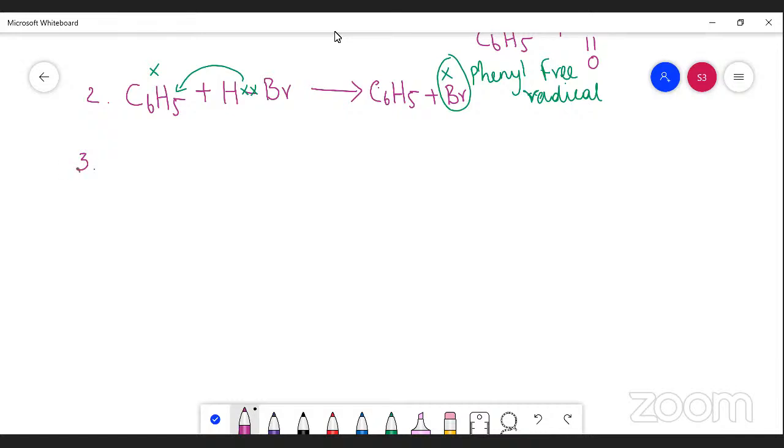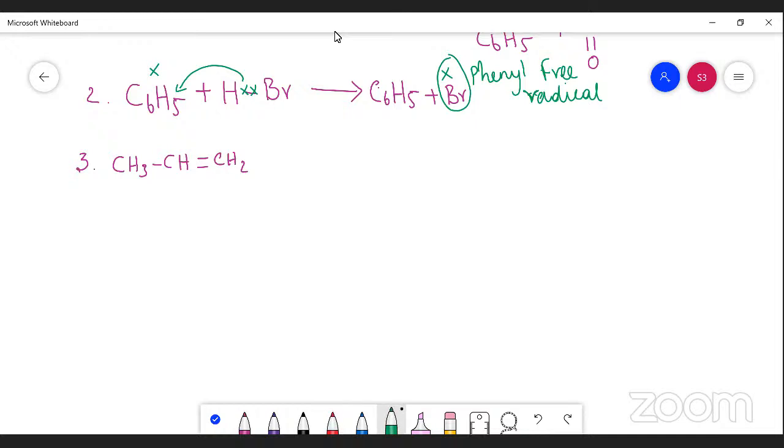So it is the third step. We are taking CH3-CH=CH2. That is propylene. And this propylene is reacted with this bromine free radical.